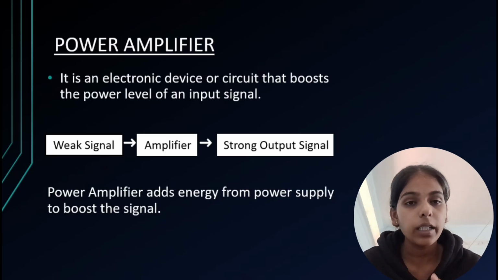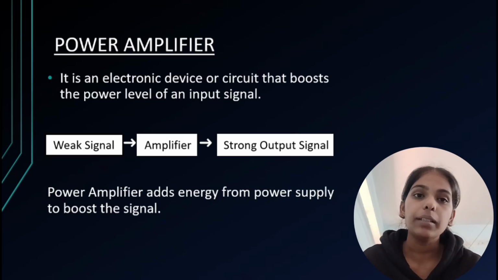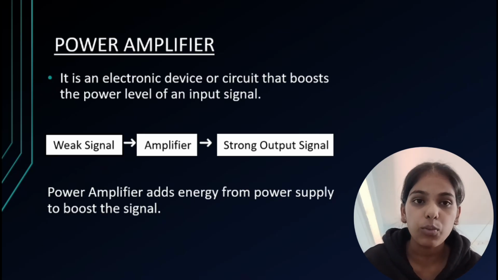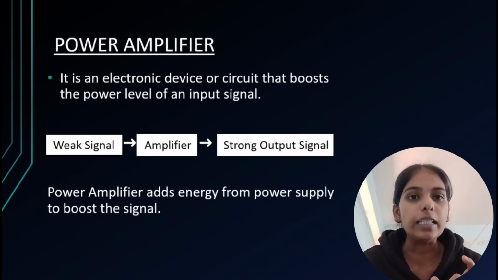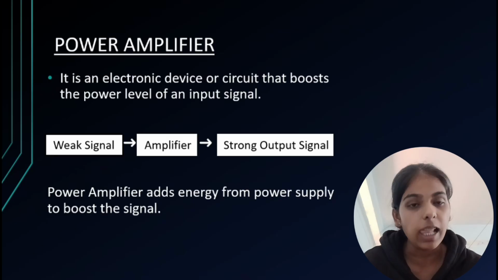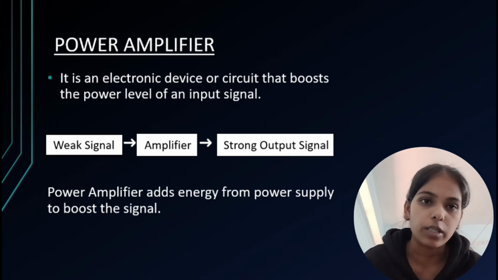So he uses a speaker, and the speaker does the amplification of this voice. It's the use of a power amplifier, that it boosts the input signal and makes the weak signal stronger.